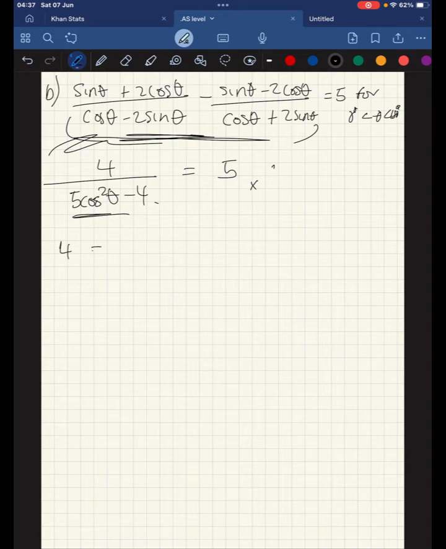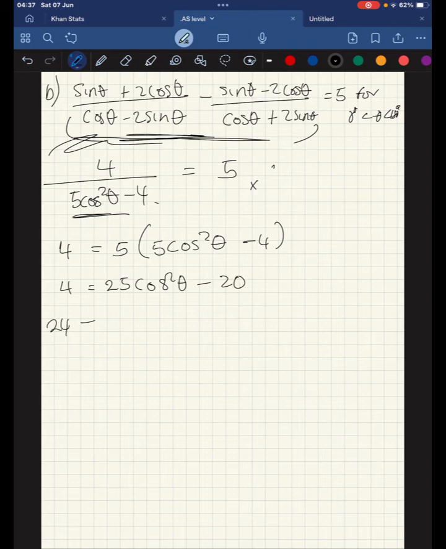Then we get 4 is equal to 5 cos squared theta minus 4, and from there that becomes 25, 20, and then 24 because we took it to that side.